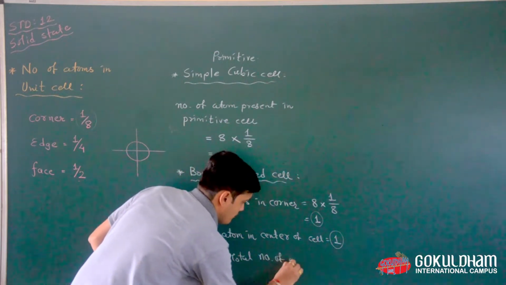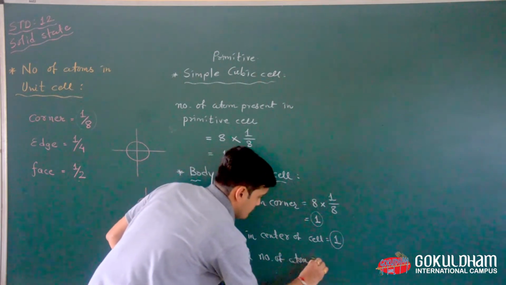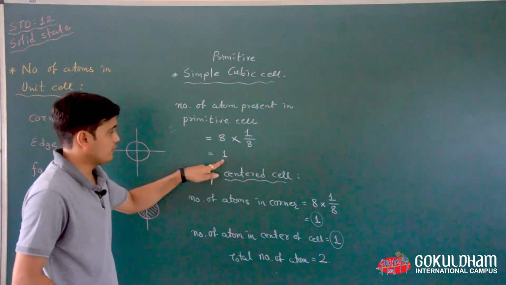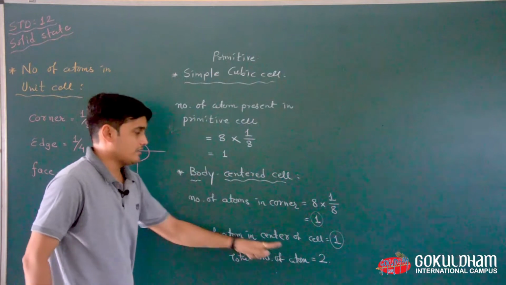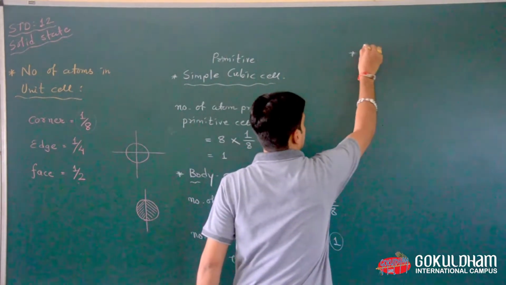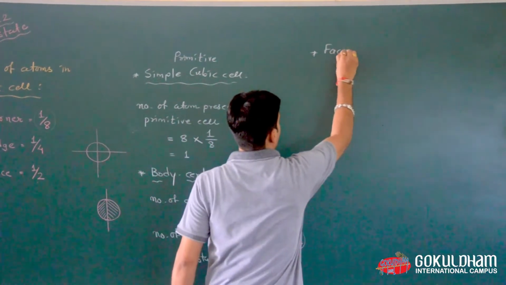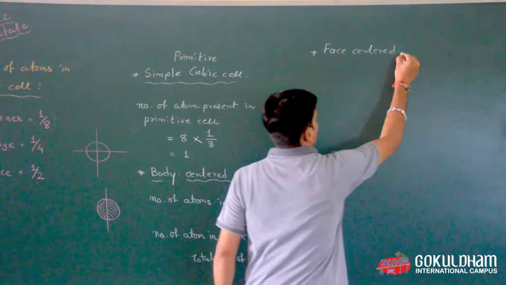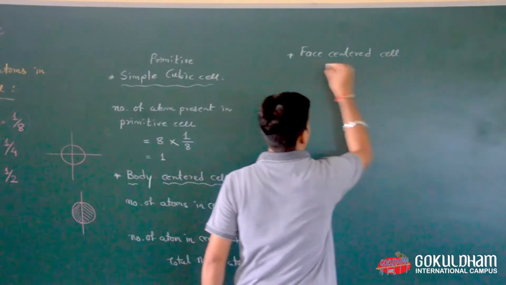Total number of atoms is equal to 2. In simple cubic, 1. Body centered cell, 2. And for the third category, face-centered unit cell.